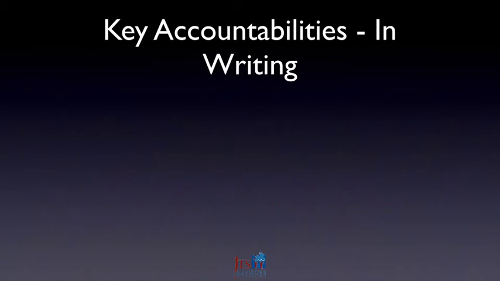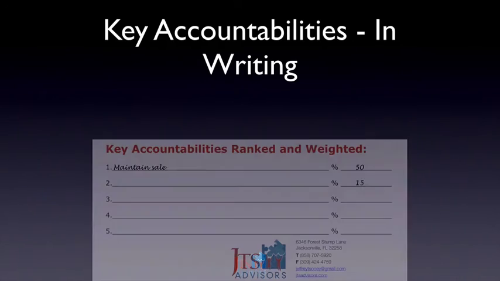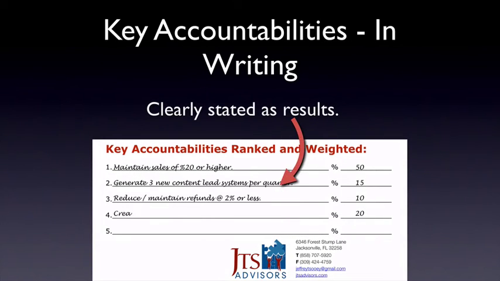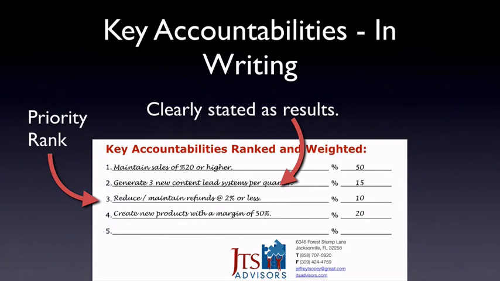So let's take a look at what key accountabilities look like in writing. It's actually a pretty simple list. You're going to see the results that are clearly stated as results, as measurable, specific results. And then you're going to have a priority rank. In other words, there's going to be the first most important key accountability, the second, third, etc. And then finally, there's going to be a certain weight of the amount of time that's actually involved in that particular accountability.